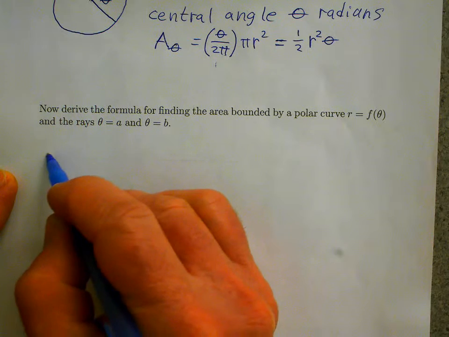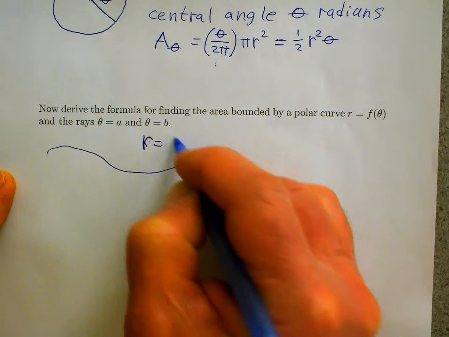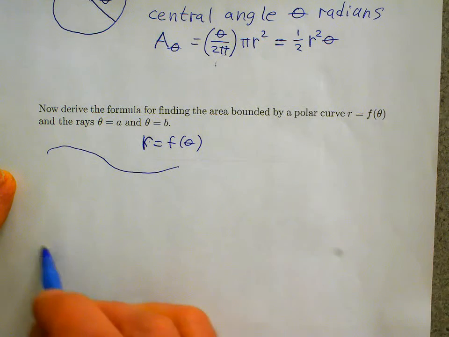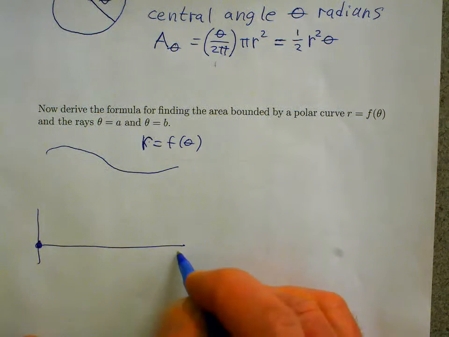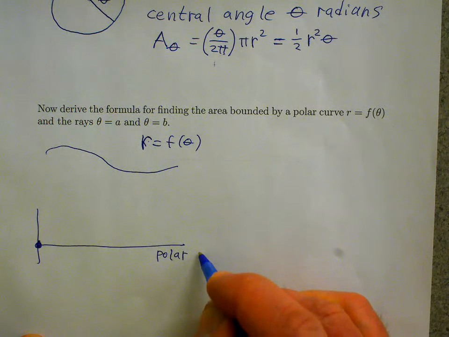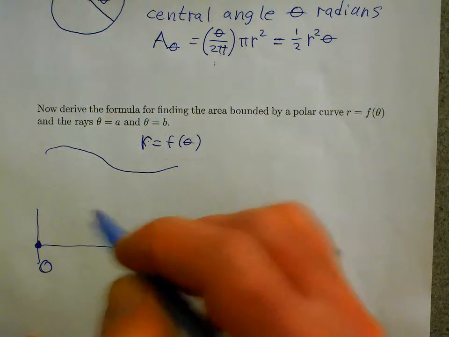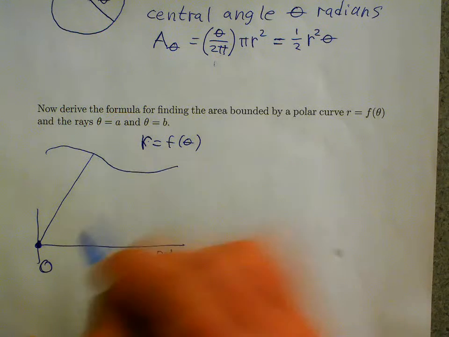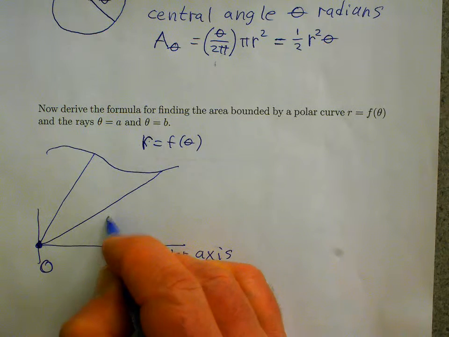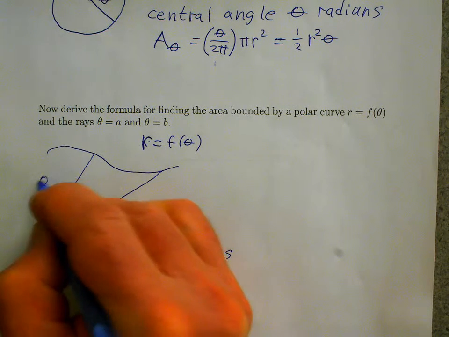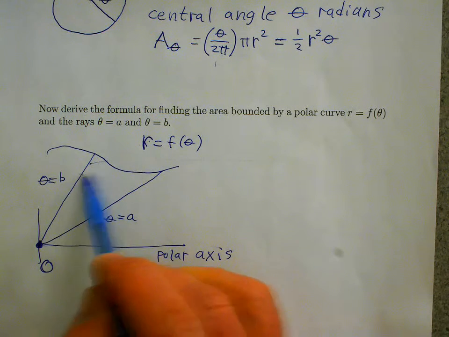So if we have some polar curve, let's call it r equals f of theta, and a polar axis, so this point is the origin, capital O. If we look at a portion of the polar region between theta equals A and theta equals B, we want to find a formula for the area of this polar region.